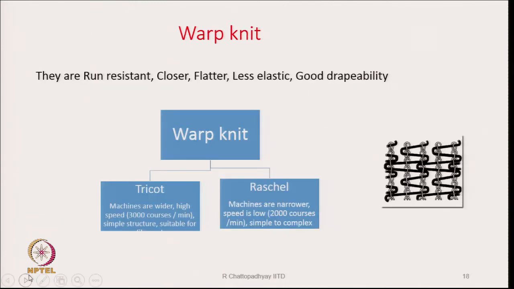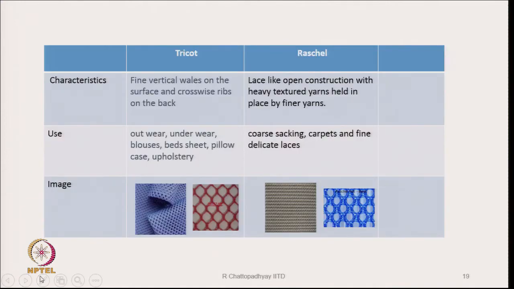In the warp knit, as already discussed, there could be two types, tricot and raschel. There are two types of warp knitted fabrics available, and they are used depending upon the type of machines. These names have been given. Characteristics: tricot has fine vertical wales on the surface and crosswise ribs on the back. Raschel gives you less like open constructions with heavy textured yarns held in place by finer yarns.